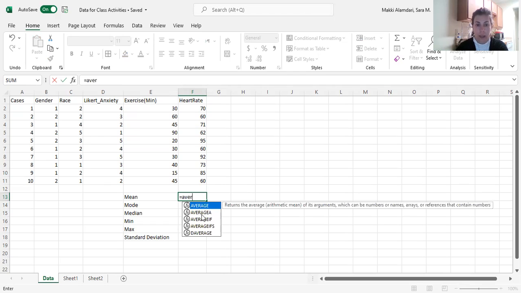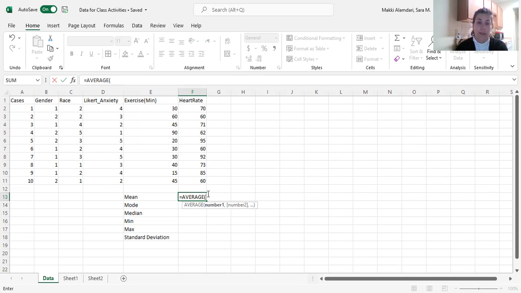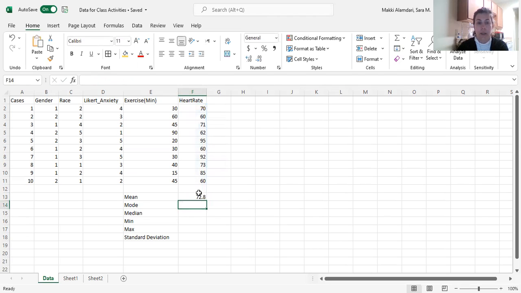We can just double click on that, and then a parenthesis opens, and then you choose your data range and close the parentheses, and then enter. This shows that the average or the mean score for heart rate in this data set is 72.8.